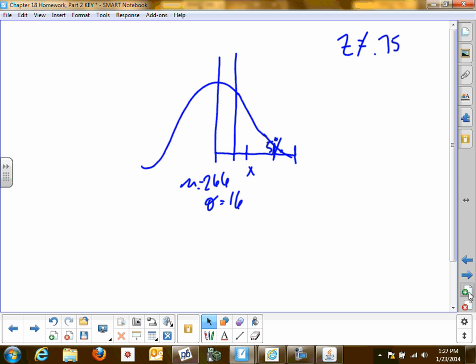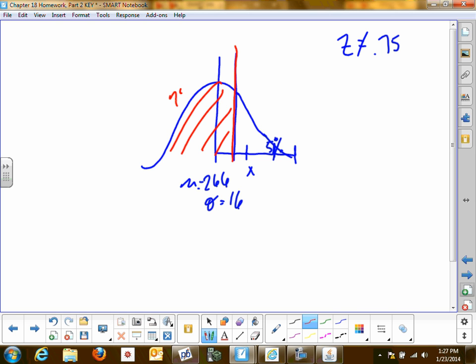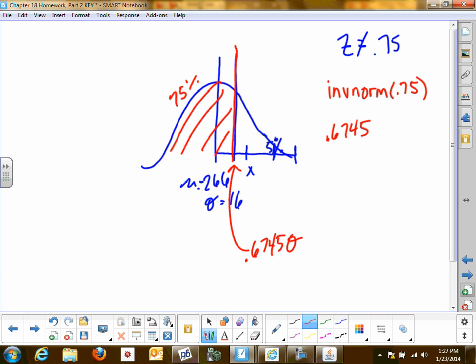Okay, I need to find this location that has 75% below it, and I get that from going inverse norm of 0.75. That is 0.6745. So this place is 2/3 of a standard deviation up, not 3/4.